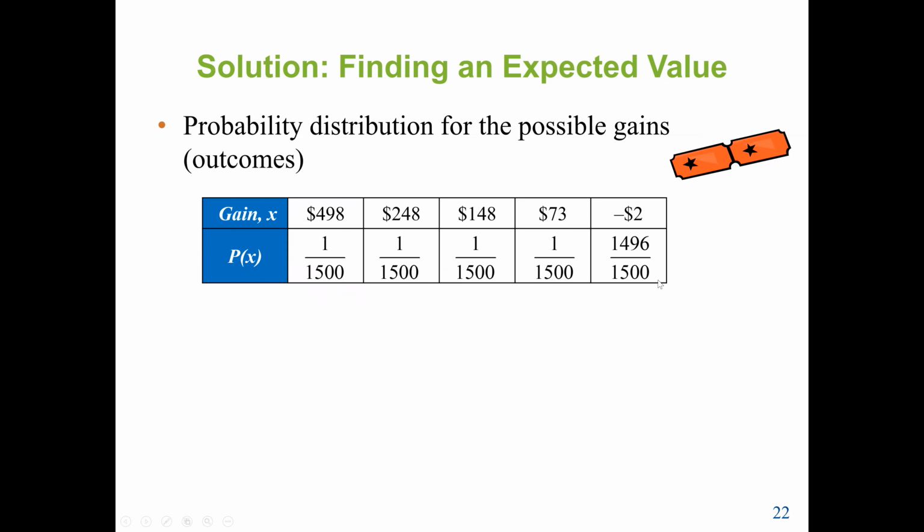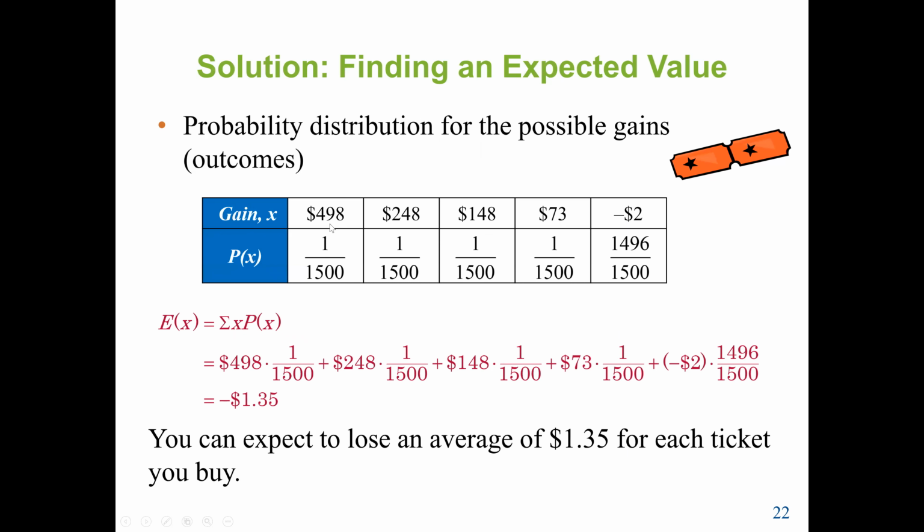But our goal is to find expected gain. So as we all know, the formula is the same as the mean. So we are going to multiply 498 by 1 over 1,500, 248 by 1 over 1,500, 148 divided by 1,500, all the way down, and also minus 2, which is my loss, times 1,496 over 1,500.